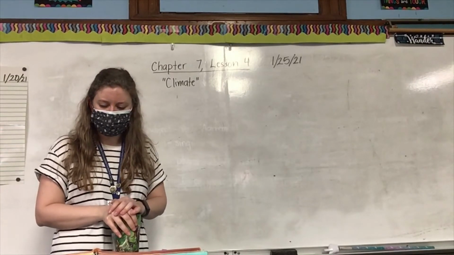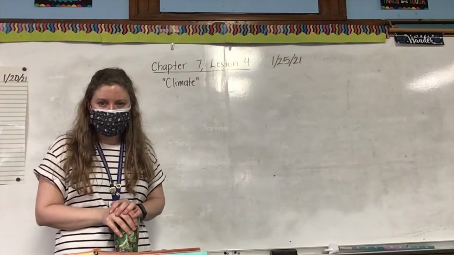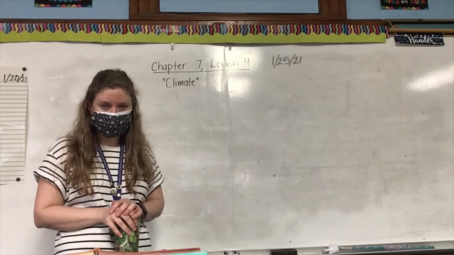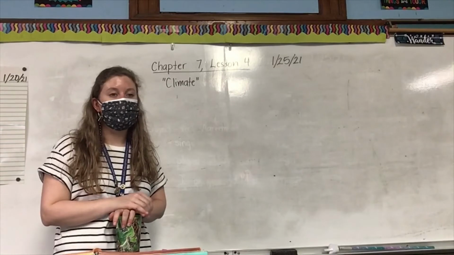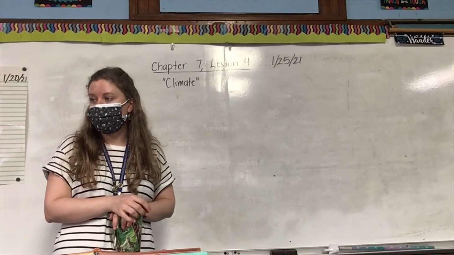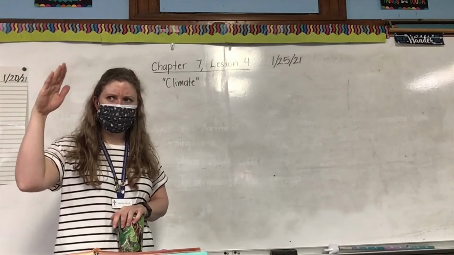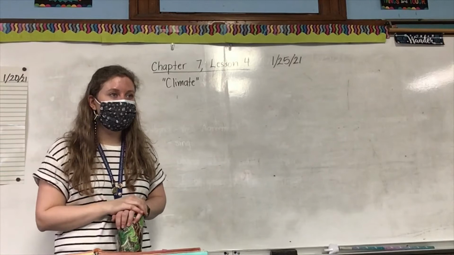Have you been to this place and you know that this is what it looks like in Vermont in autumn? How did you know that? After it says climate, it says autumn in Vermont. So we have a caption that tells us exactly what this picture is showing us. When you read the captions, that tells you what it's of. So when I say, what is this a picture of? Find the caption.